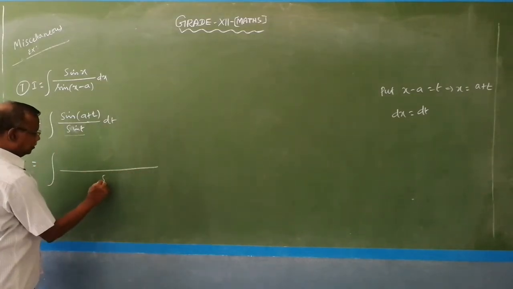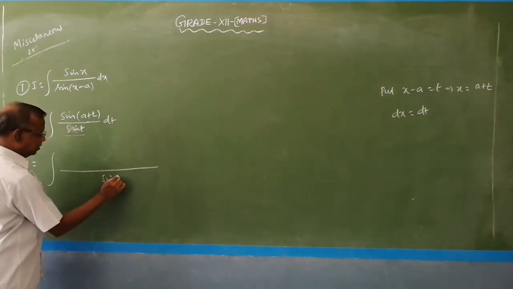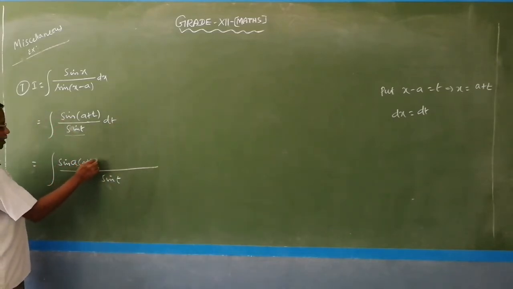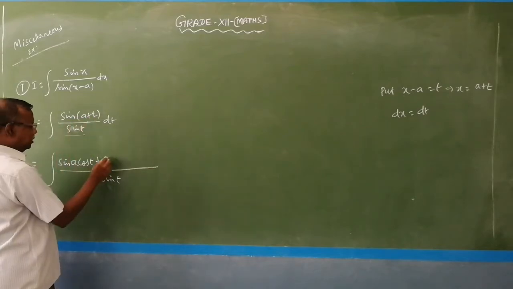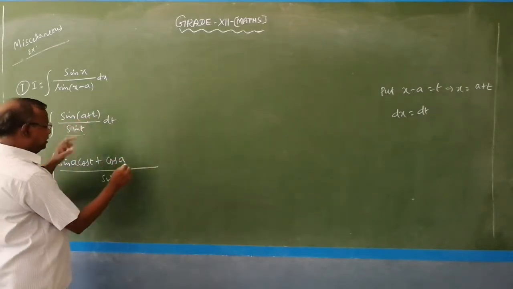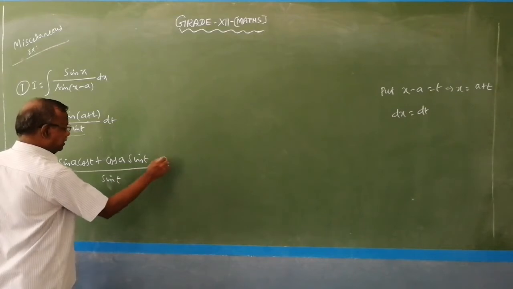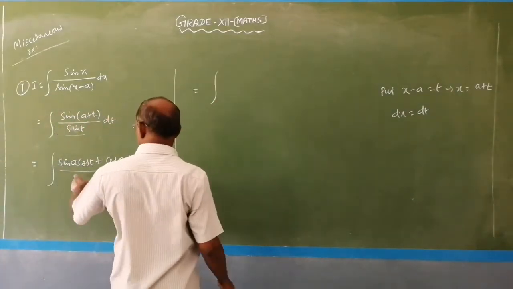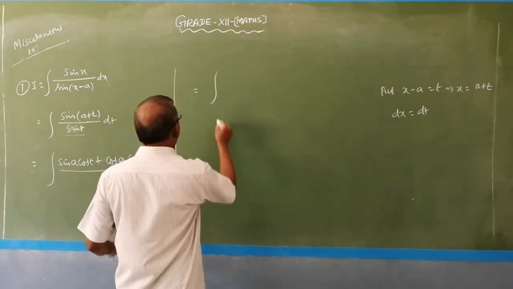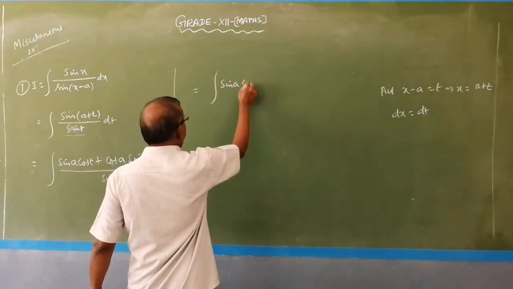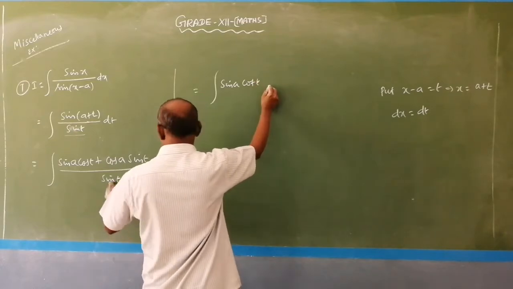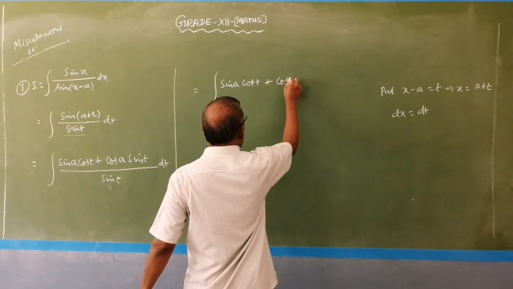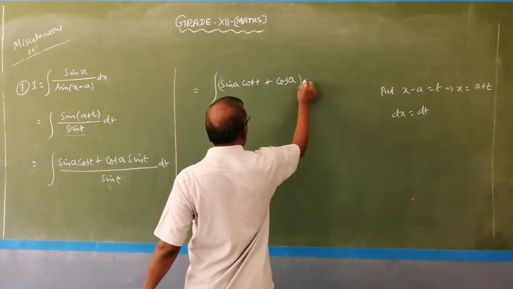The denominator is sin t, and sin of a plus t is sin a cos t plus cos a sin t, divided by sin t into dt. So, this is equal to integral sin a into cos t by sin t, that is cot t, and plus cos a, since sin t will be cancelled, into dt.